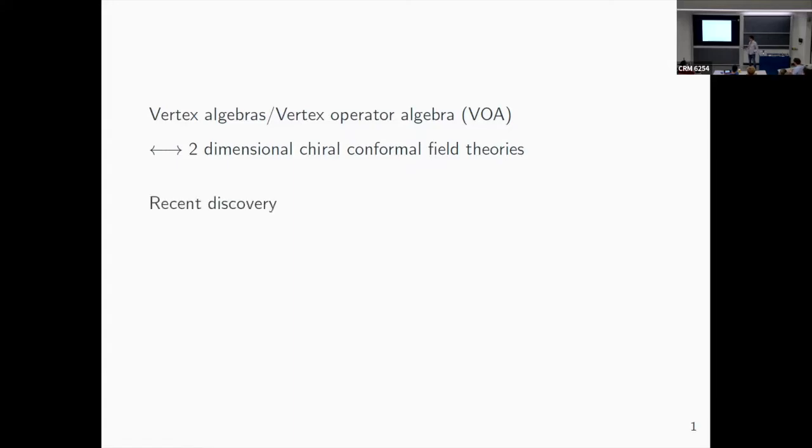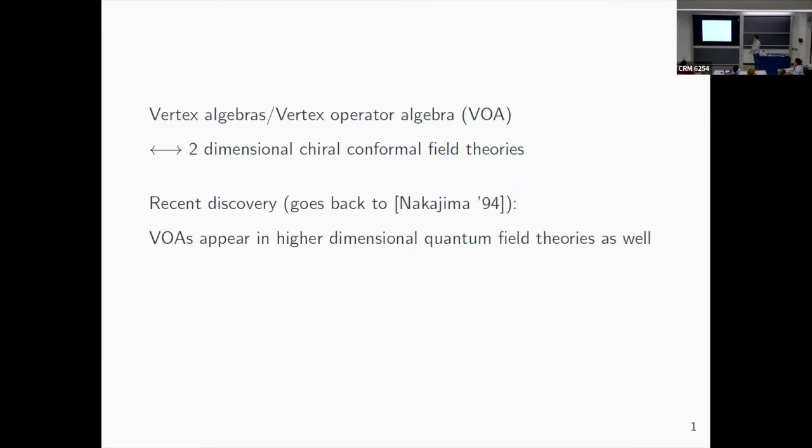However, things changed completely quite recently, which actually goes back to Nakajima's work in 1994. This recent discovery is that vertex operator algebras appear in higher dimensional quantum field theories as well, in fact, in several ways.